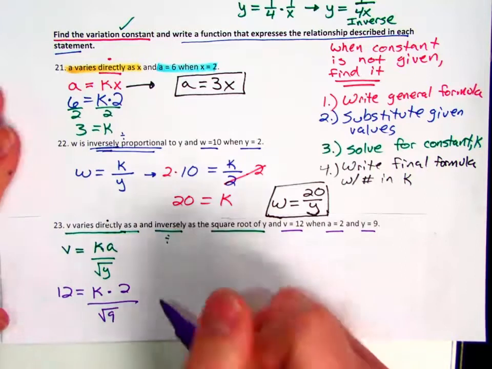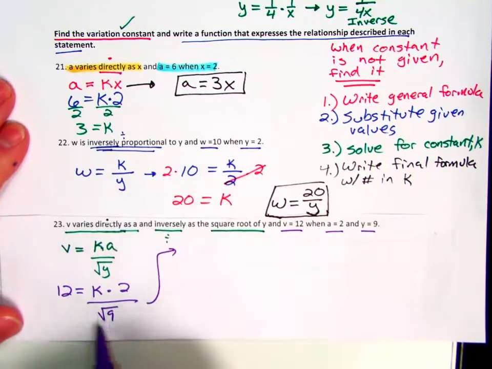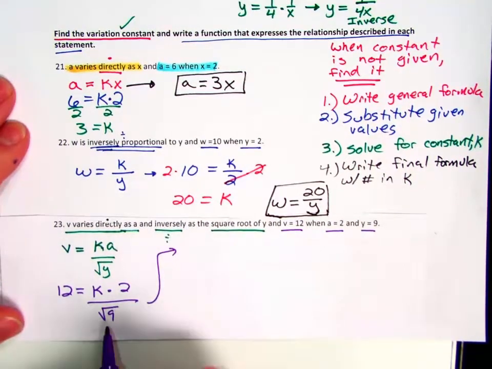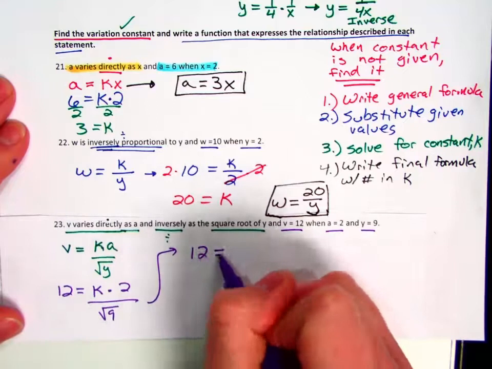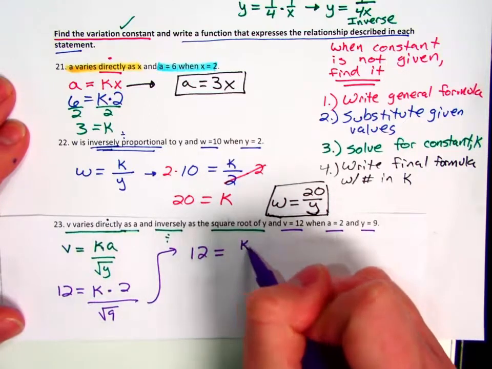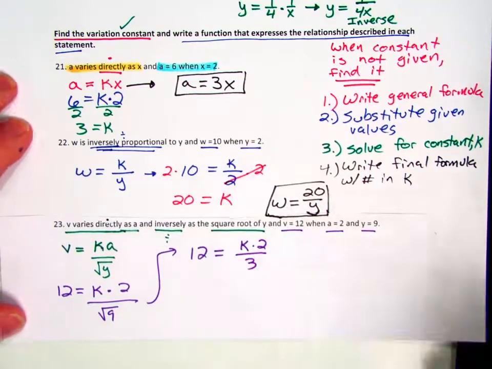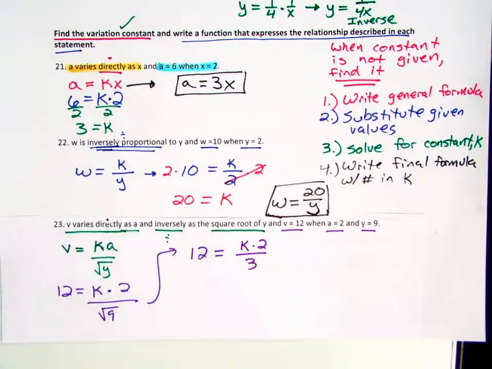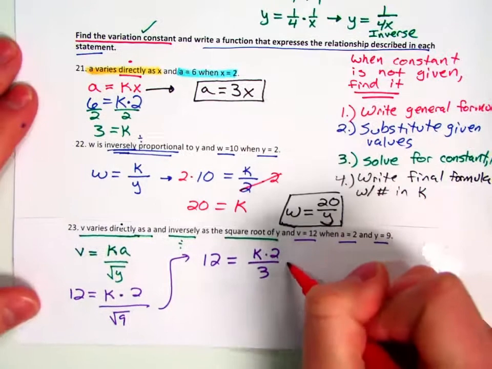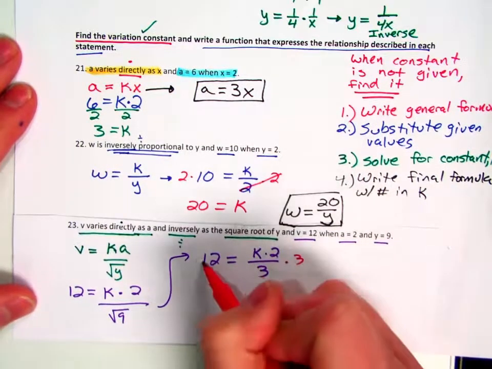Now, to me, the easiest thing would be to actually reduce that square root so I can get rid of it. The square root of 9 is 3, so my new equation is 12 equals k times 2 over 3. Now that I've simplified that square root, I can work to get the k by itself. First I'm going to get rid of dividing by 3 by multiplying each side by 3.